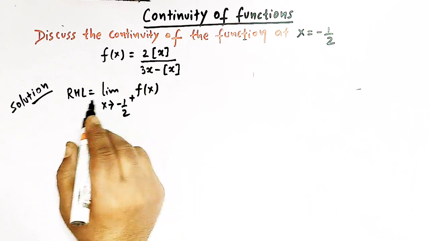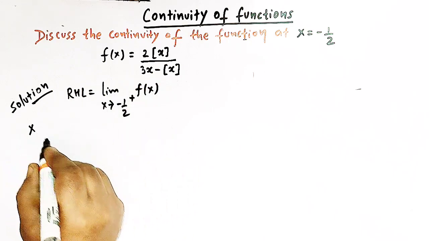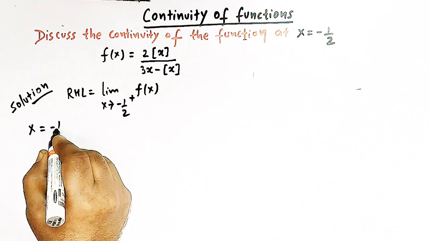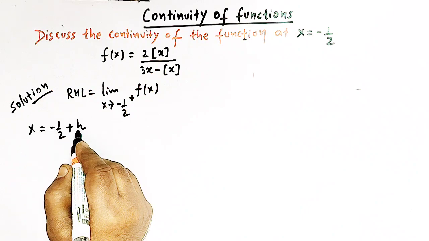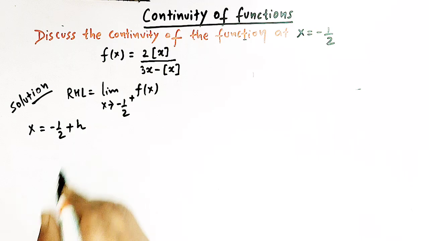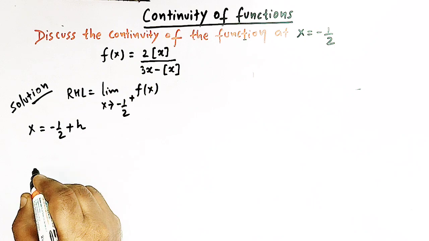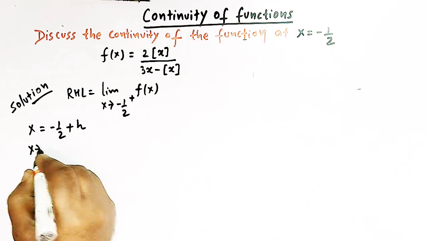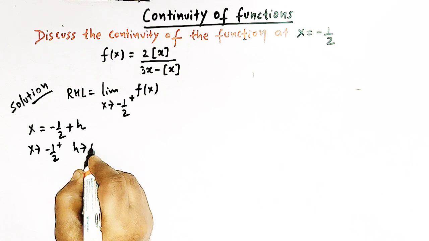Now to calculate the right hand limit, let us make this substitution, x equal to minus half plus h, where h is infinitesimally very small, and it lies between 0 and 1, right? So when x tends to minus half, then h tends to 0.